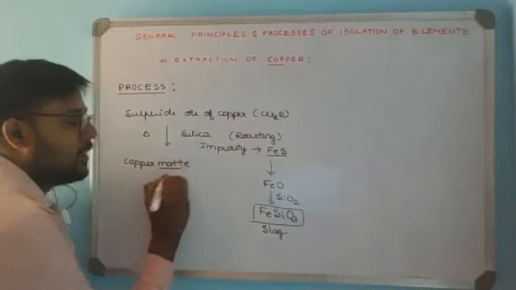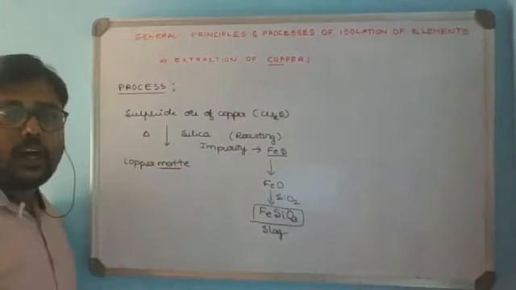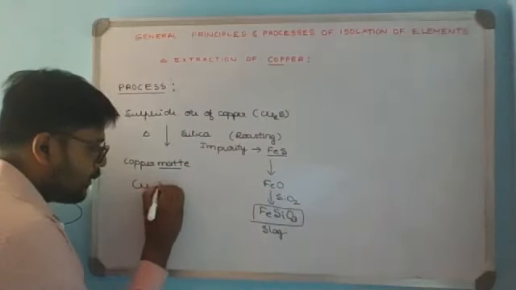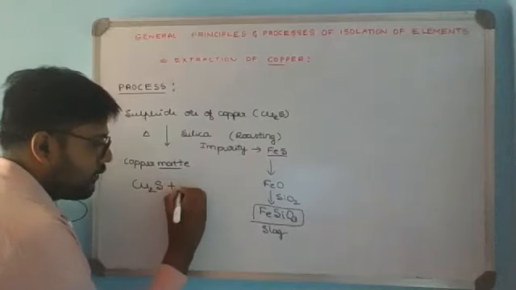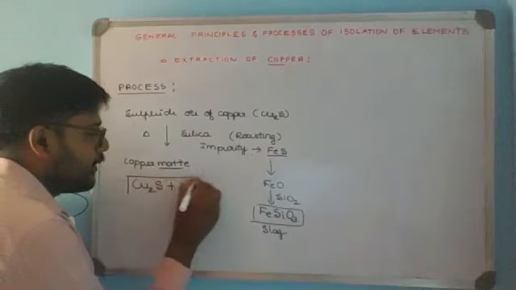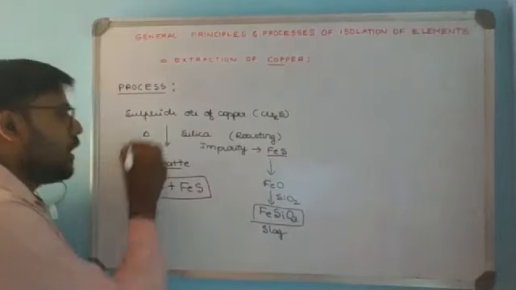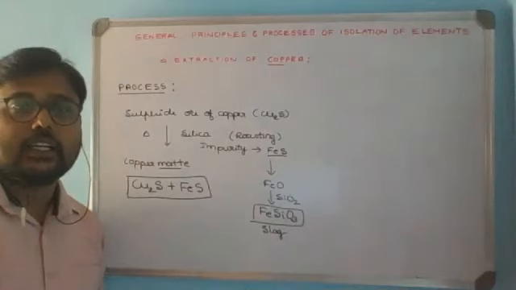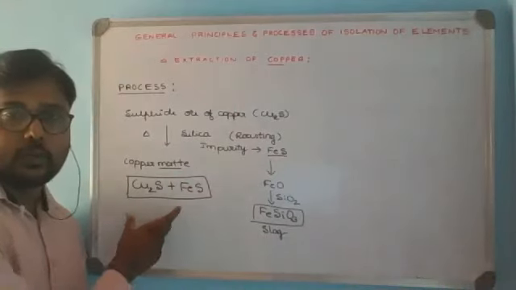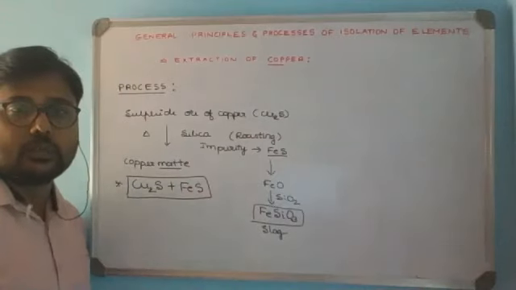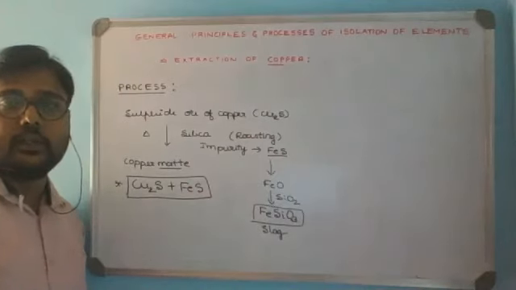Copper matte is the mixture of Cu2S and FeS obtained upon heating. This is a very important 1 mark question, asked many times: the composition of copper matte. It is Cu2S and FeS.